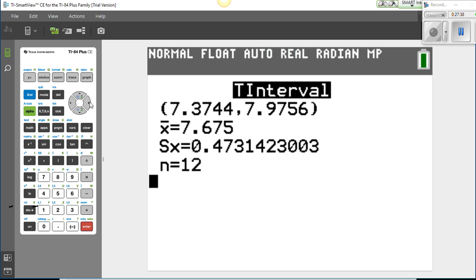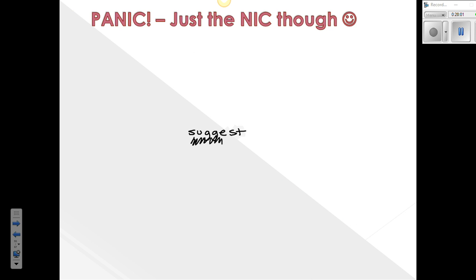You guys with me there? Yeah. Are you shocked that 8 is not in that interval? No, because we rejected H0. If you reject, that number that you're looking at is not going to be within your interval. Our sample mean was lower than that, so it makes sense that our whole interval is actually below that, right? Does that make sense? Okay.